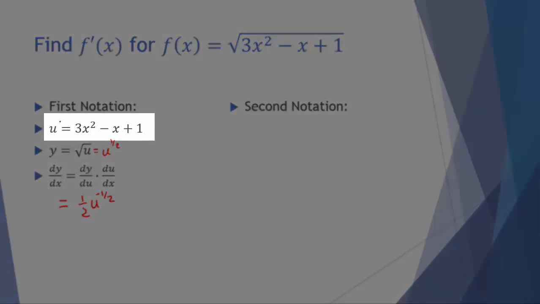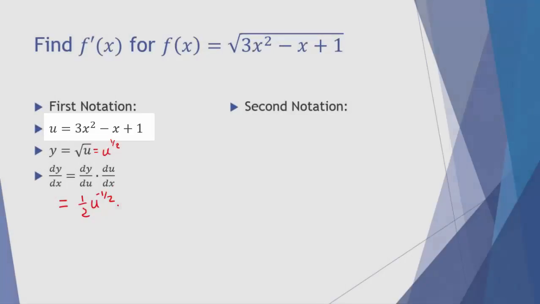That's this function. The derivative of u with respect to x is the derivative of 3x squared, which is 6x, minus 1, from the derivative of negative x, and then the derivative of 1 is going to be 0. So the problem with this is we are using this to find dy/dx, which means our independent variable on that right side should be x, which in the 6x minus 1 is fine.